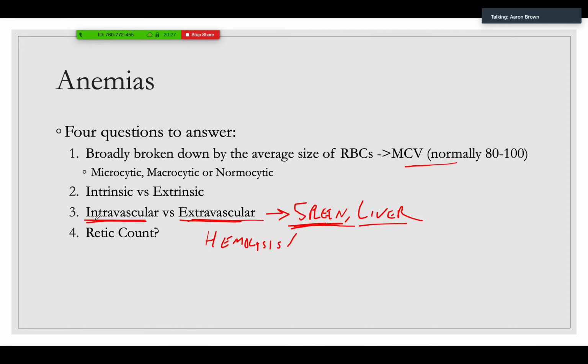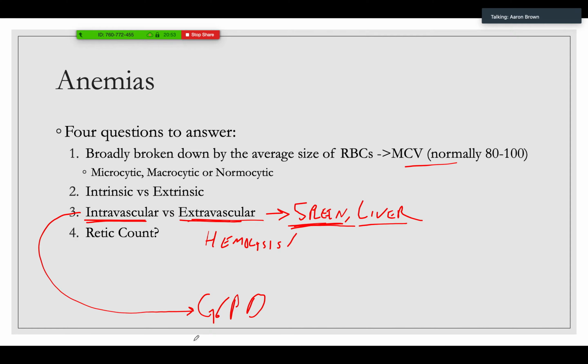We can contrast that with a condition like G6PD. In G6PD, we lack an enzyme that is supposed to be in red blood cells. And so when we have hemolysis, it happens everywhere. The red blood cell doesn't have to wait till it gets to the spleen. You lack that enzyme, so any red blood cell in the entire body can rupture anywhere. So that would be an intravascular hemolysis. It doesn't have to happen in the spleen.